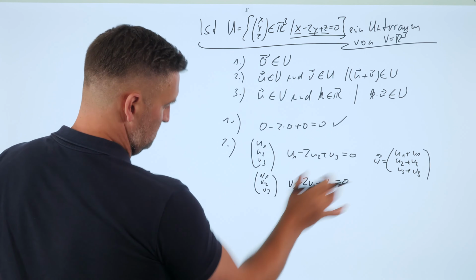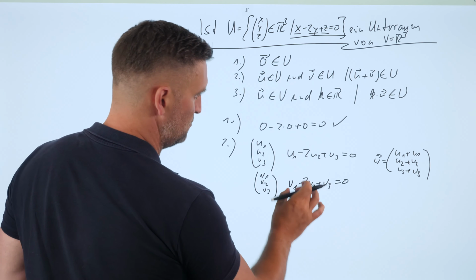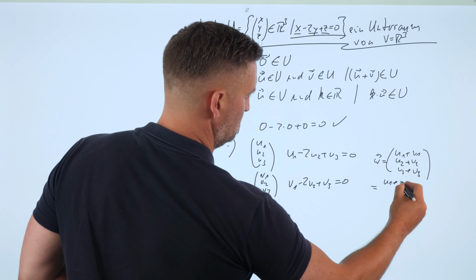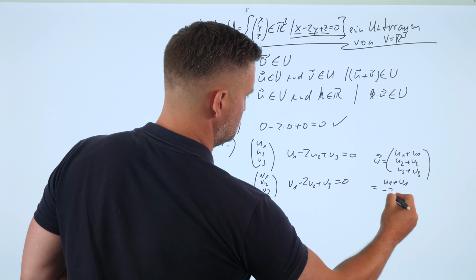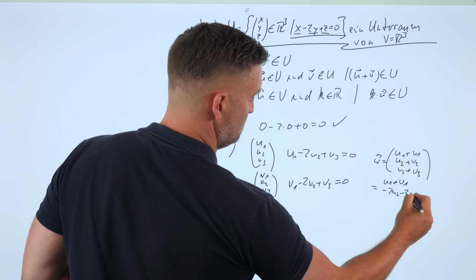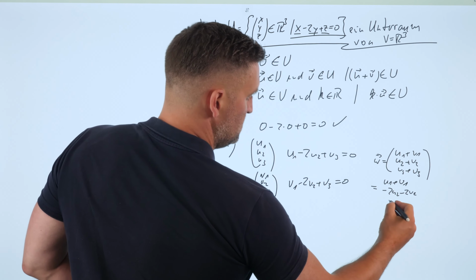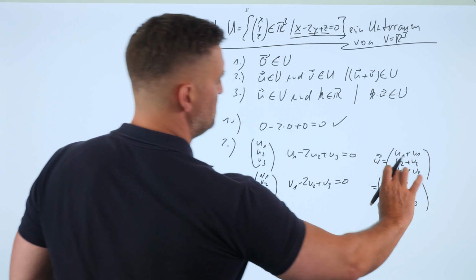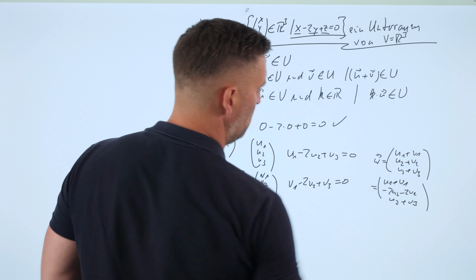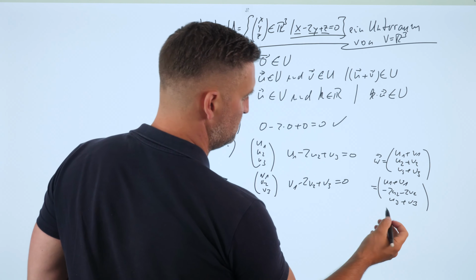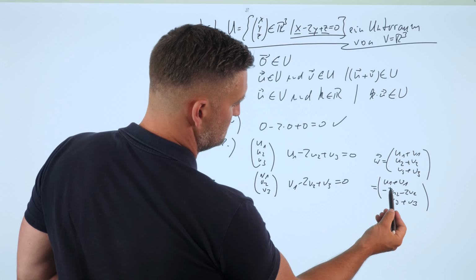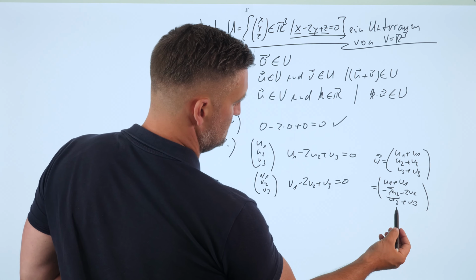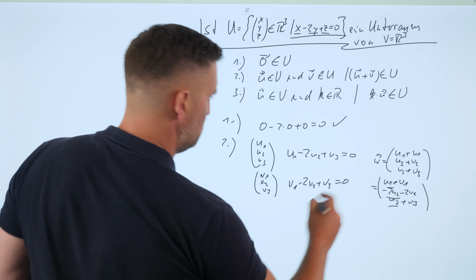Accordingly, if we insert this, we would have as the first coordinate u1 plus v1, then minus 2 times u2 plus v2, and u3 plus v3. And if we were to write all of this side by side and sort it, we can see that u1 minus 2 u2 plus u3 appears again.